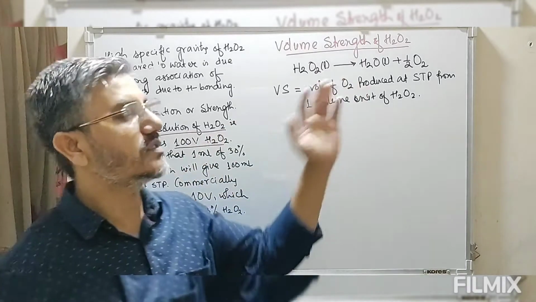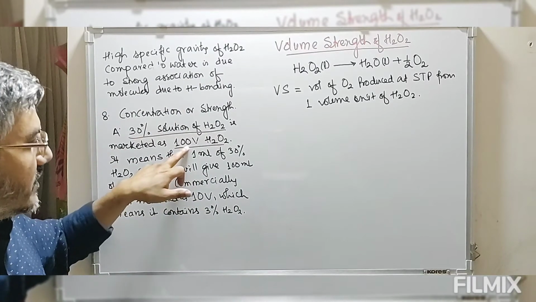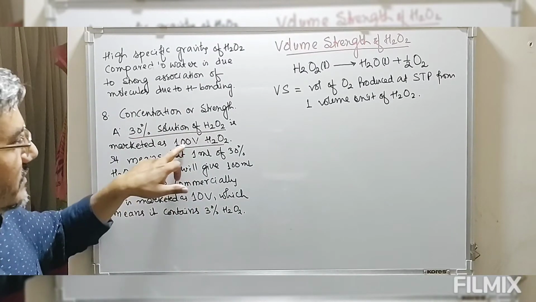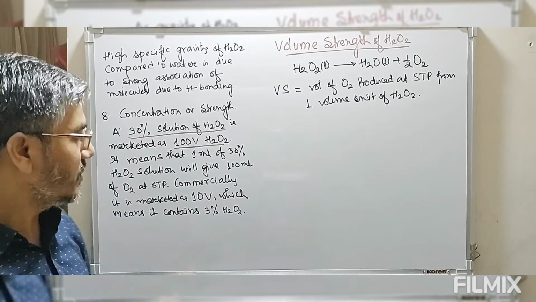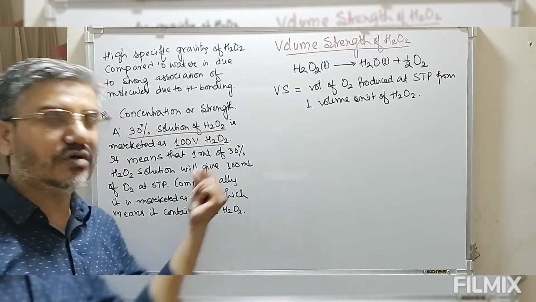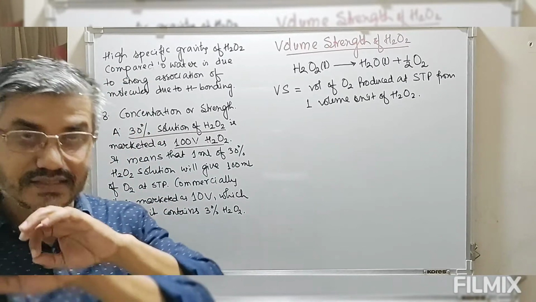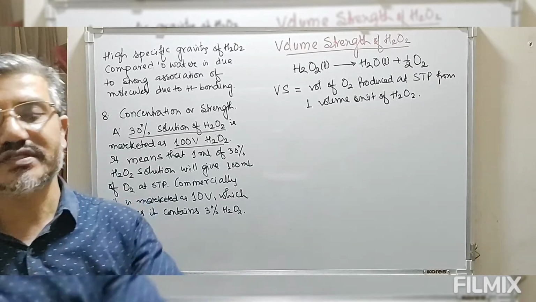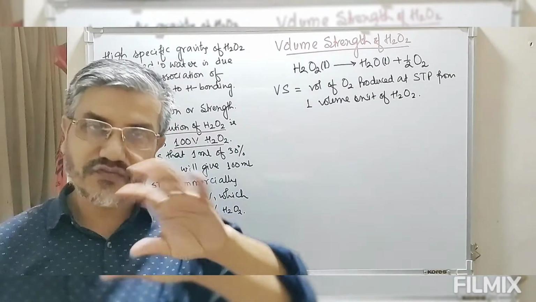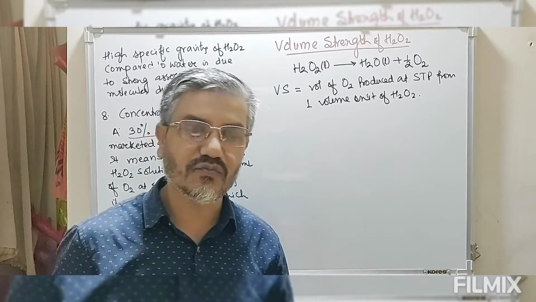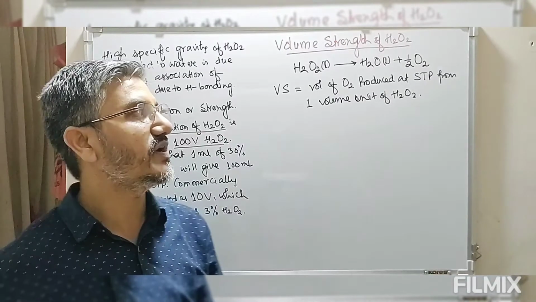That is what we call the volume strength of hydrogen peroxide, which is written as 100 volume or 10 volume. So, this 100 volume, or this 10 volume, is nothing but the volume strength, that is, the strength or concentration of hydrogen peroxide. The definition says how many volumes of oxygen gas will be produced from 1 volume of hydrogen peroxide at STP.